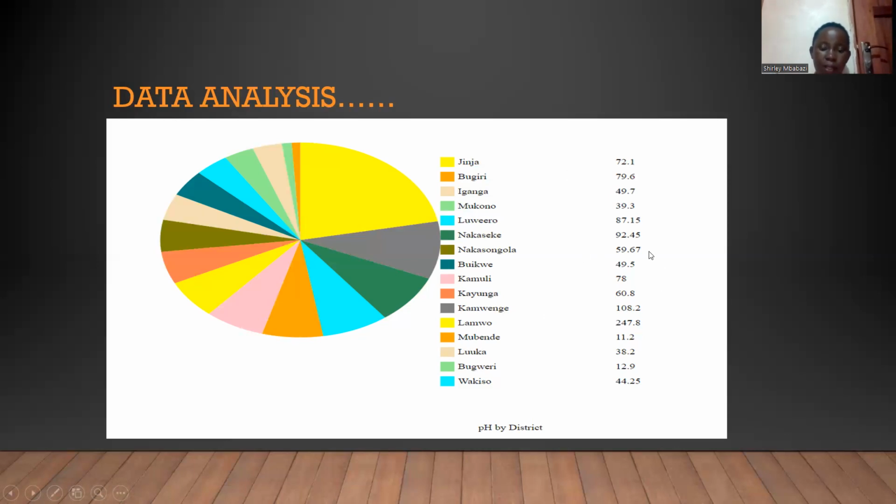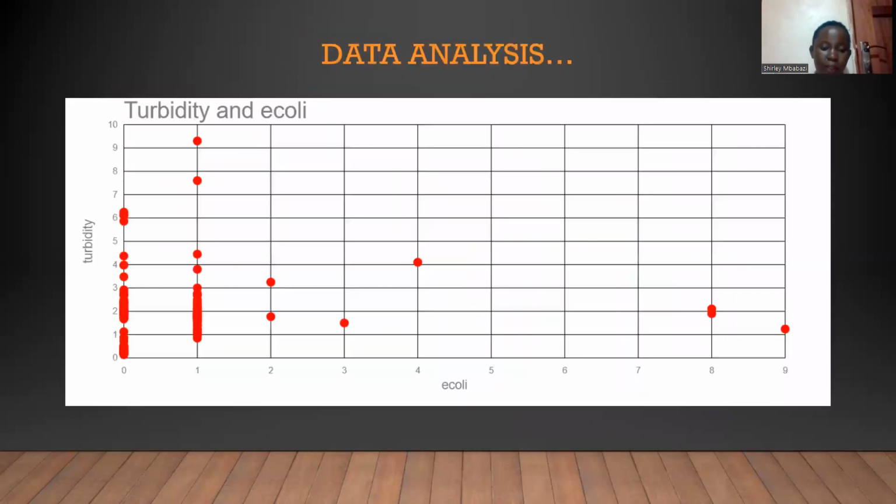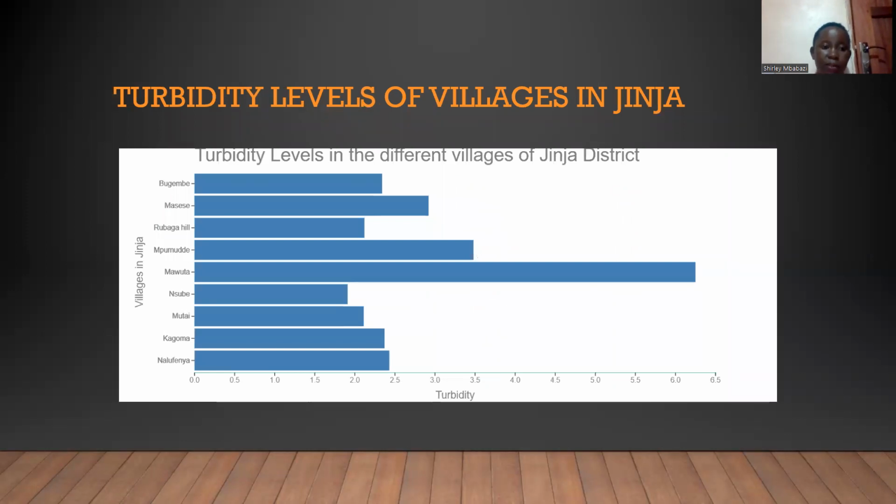So this may not be conclusive, but if we go further into determining the pH of a particular village or district, like with stability, I'm sure we can tell which villages or districts are more prone to having bad water sources.